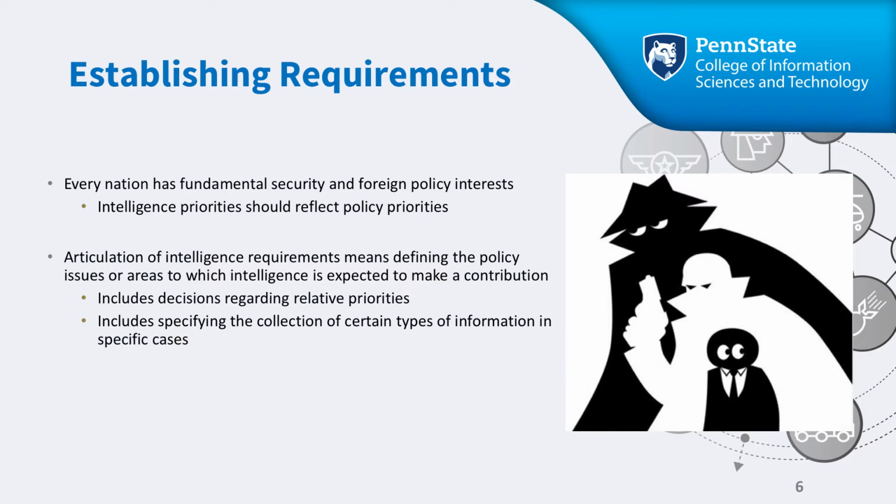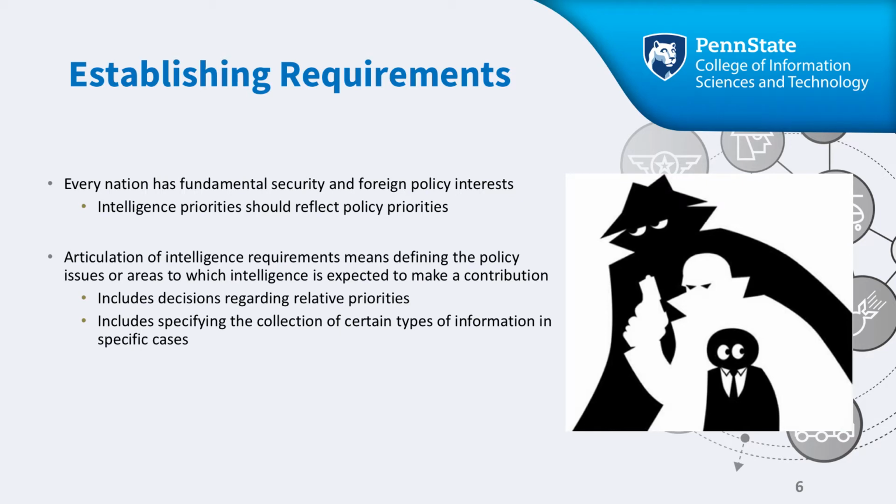Intelligence priorities need to reflect those policy priorities. So the articulation of intelligence requirements means basically defining the policy issues or areas to which intelligence is expected to make a contribution. This includes decisions regarding establishing relative priorities.